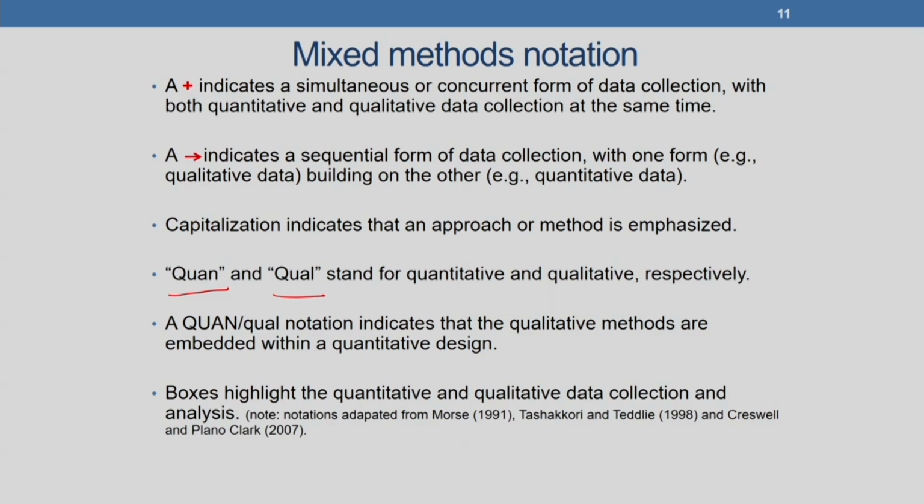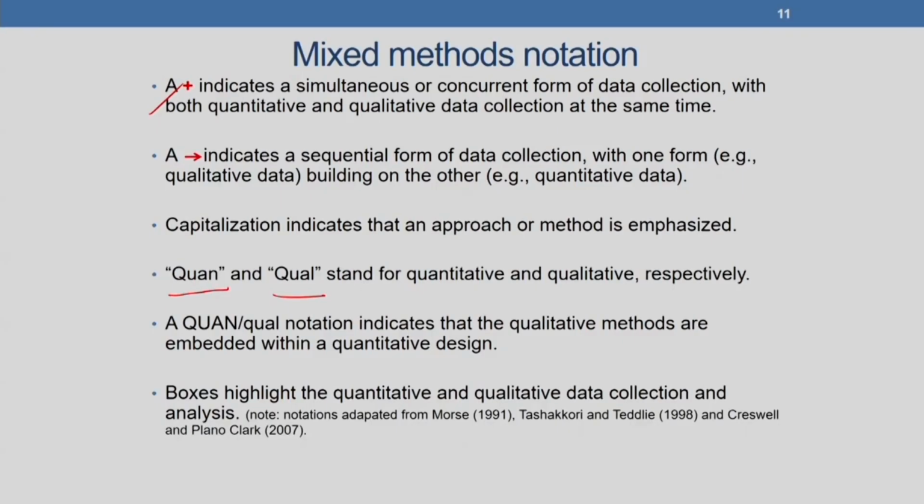Whenever there is a plus, it indicates a simultaneous or concurrent form of data collection, which means a quan plus qual, so quantitative and qualitative data collection are being carried out at the same time.